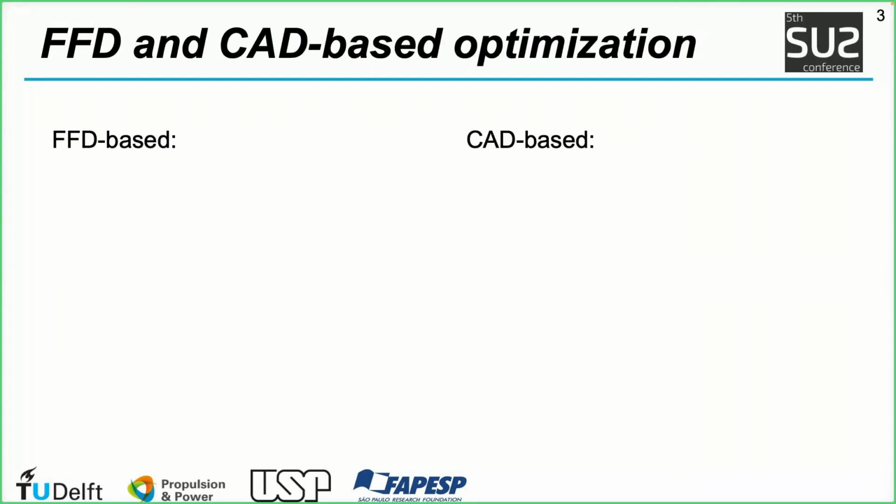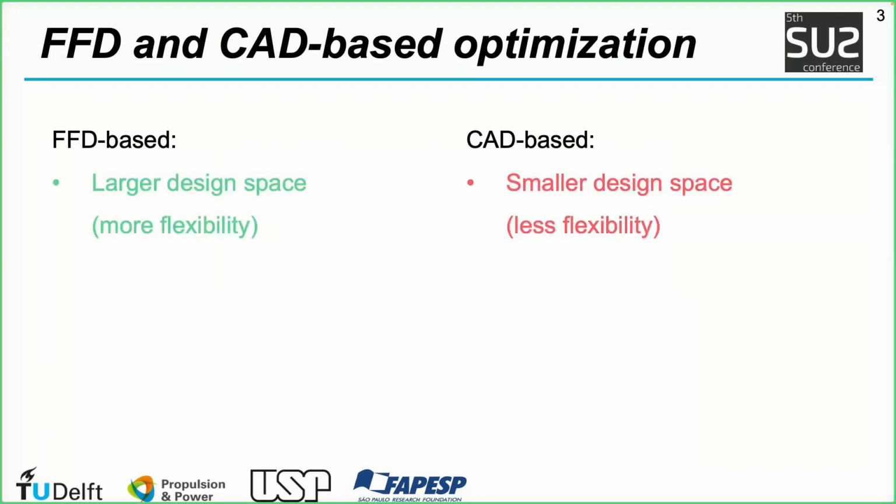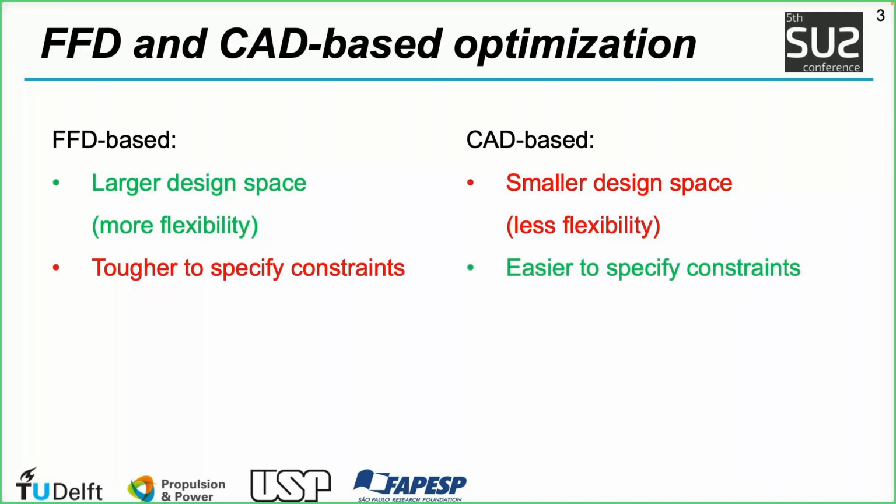We can do optimization using two approaches, either FFD-based or CAD-based. While the first one allows for a larger design space with more flexibility, the second one has a smaller design space, with fewer design variables. But there is an issue when we try to do FFD-based optimization, which is specifying constraints.